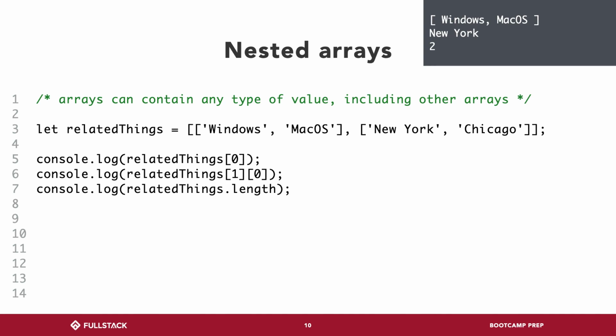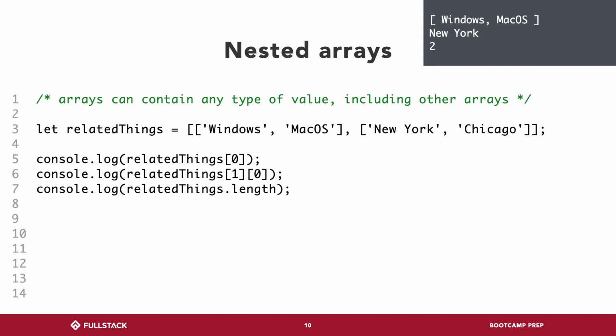Who is confused by this? It's important that you understand how to access things in a nested array, how to access values in a nested array. Is anybody confused by this? It makes sense, right? You take the thing at 1, and that is an array.